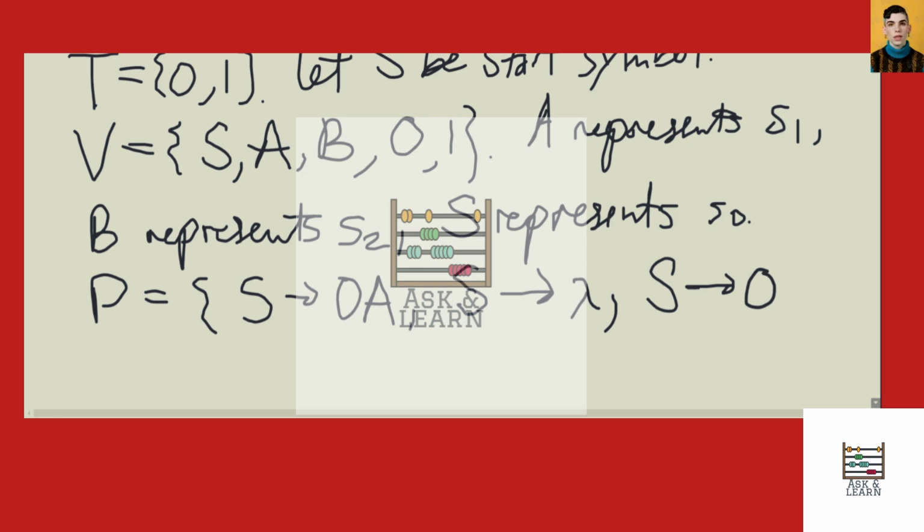Now we see that there is an arrow from S0 to S2 with a label of 1, and therefore we have the production S can be replaced by 1B.